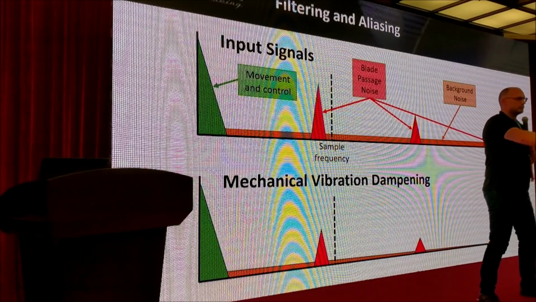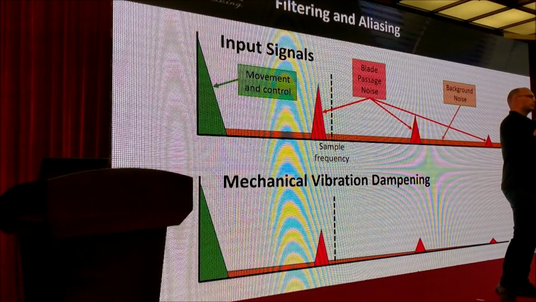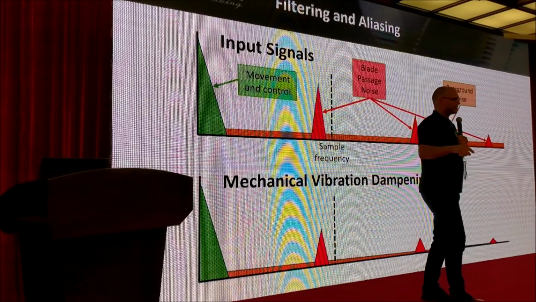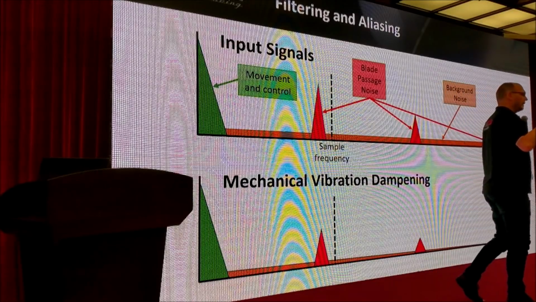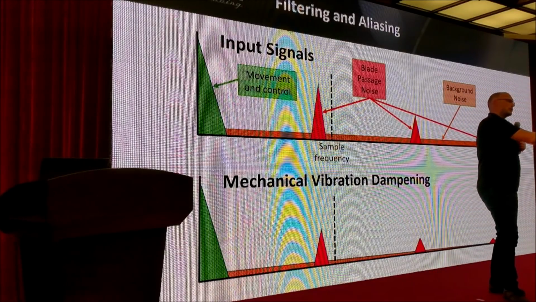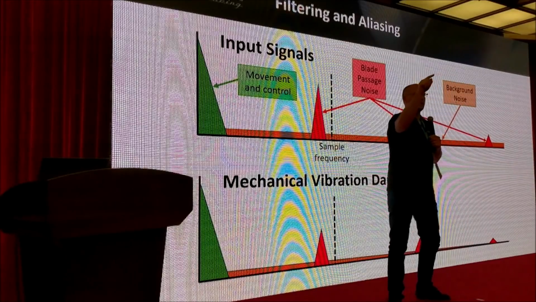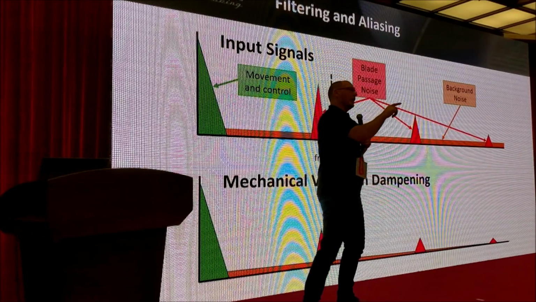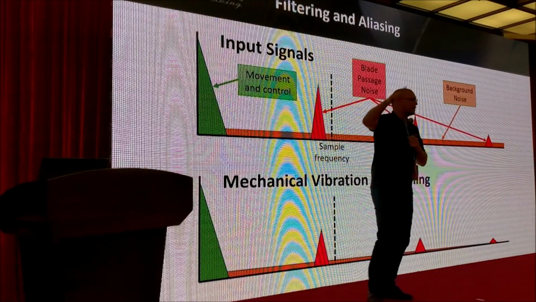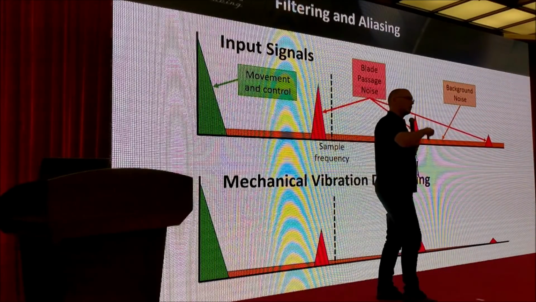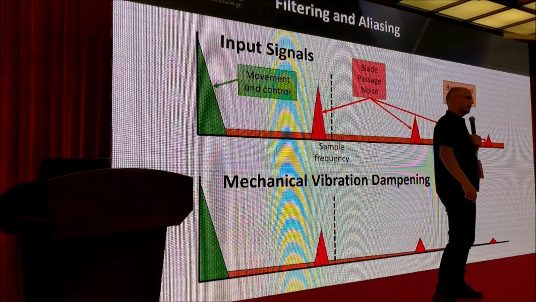It's not like this, it is like this. Now, aliasing means that if you're sampling here and here and here, and you have a frequency, a movement that is faster than your sampling rate, it looks like a much lower frequency.